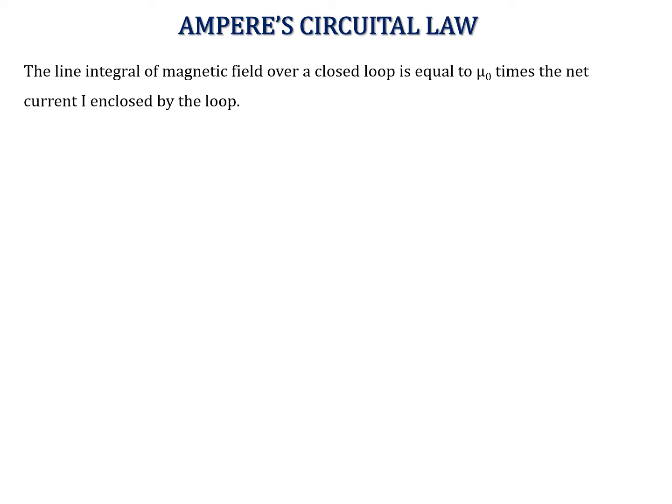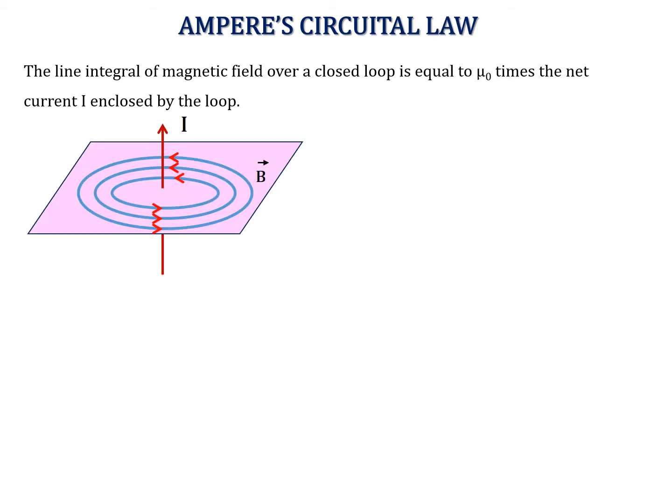Let us take a straight conductor carrying a current I. The magnetic field around it can be represented by the right hand thumb rule. If you imagine a conductor such that current points normally outwards, to apply Ampere's law, we choose a loop of radius r. We know around the conductor, the magnetic field will be in the anti-clockwise direction.